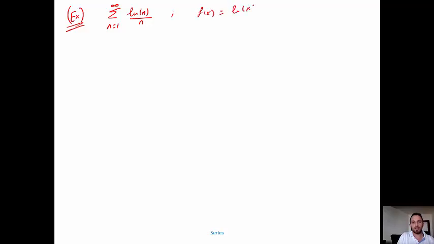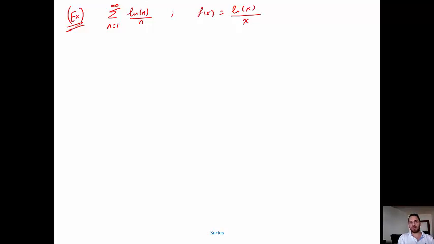Guys, before doing the integral test, just check for divergence. If it diverges, there is no need to perform any other test. So you see the limit as n goes to infinity of ln n over n is infinity over infinity, indeterminate. You apply L'Hopital's rule, you have 1 over n over 1. 1 over n, as n goes to infinity, is 0.